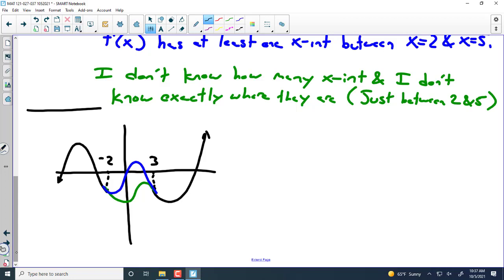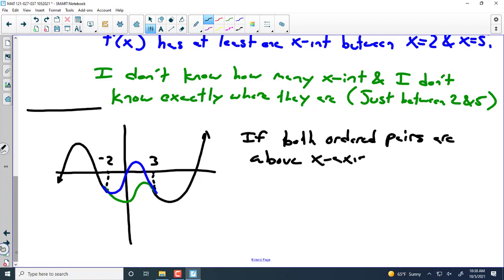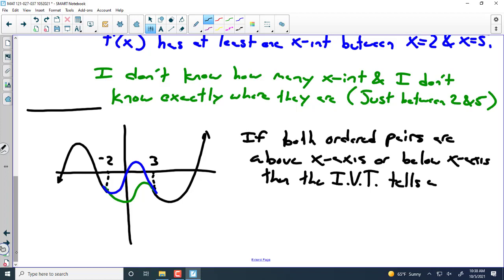So if both ordered pairs are above the x-axis or below the x-axis, like they are in that picture over there, then the intermediate value theorem, IVT, tells us nothing.